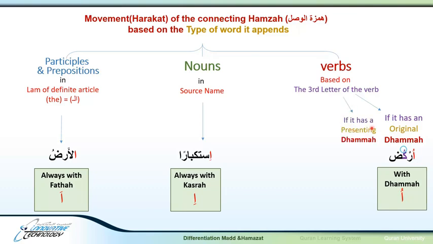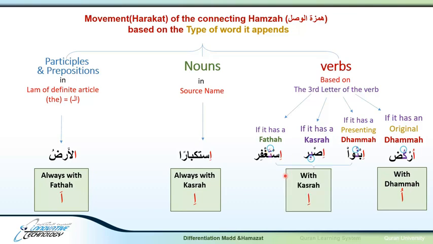While if the 3rd letter is with presenting dhamma, like ibnu, or it is with a kasra, like as we see here, the ba with kasra, isbir, or with fatha, as we see istaghfara, the ta here has a fatha. In those 3 cases, it will be pronounced with a kasra, ibnu, isbir, istaghfir, all with kasra.